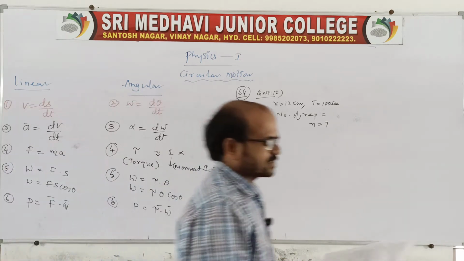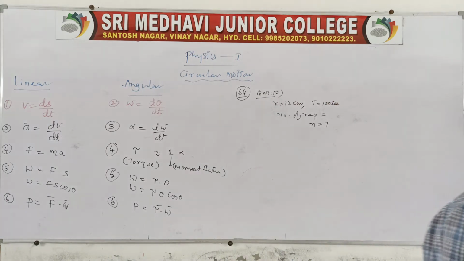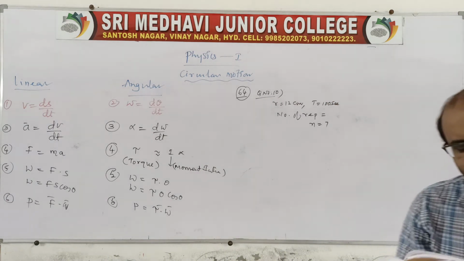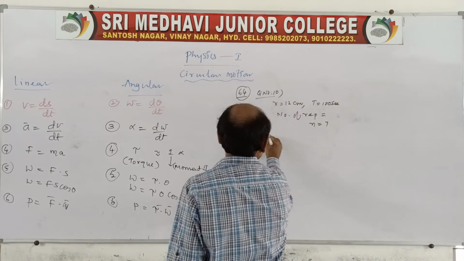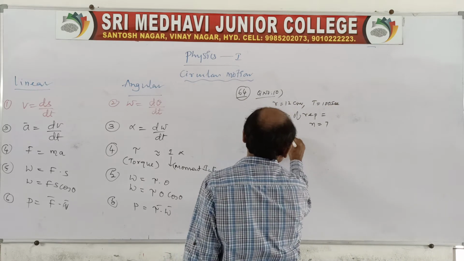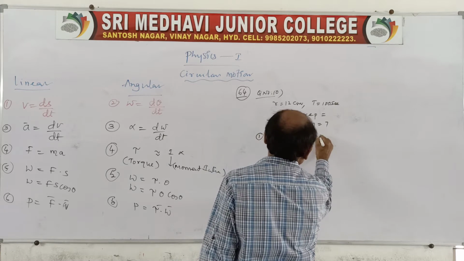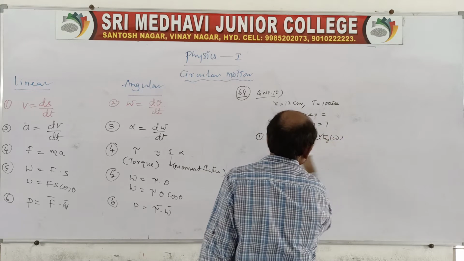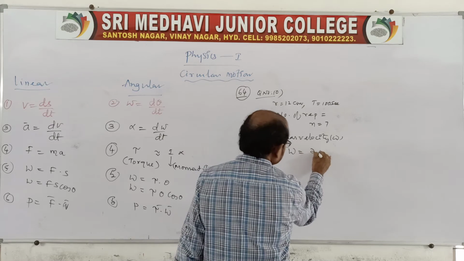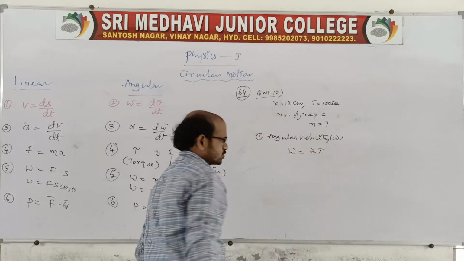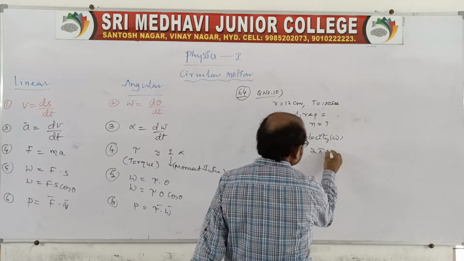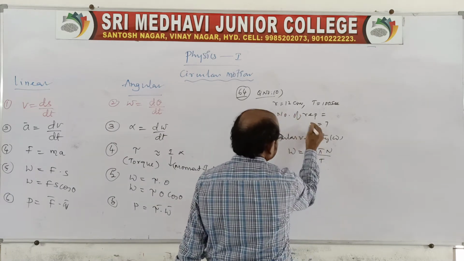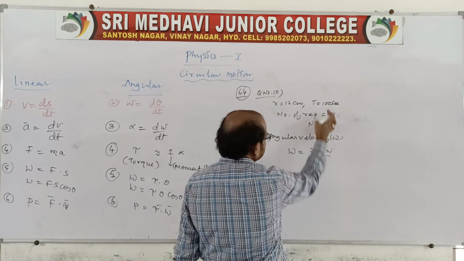So the first one is asking about angular speed. We know angular speed is nothing but angular velocity, that is omega. So omega is equal to 2 pi N by T, where capital N is the number of rotations, 7 is given, and the time period is given.